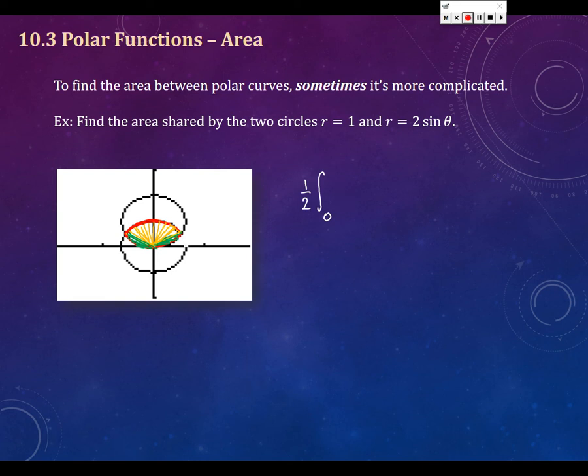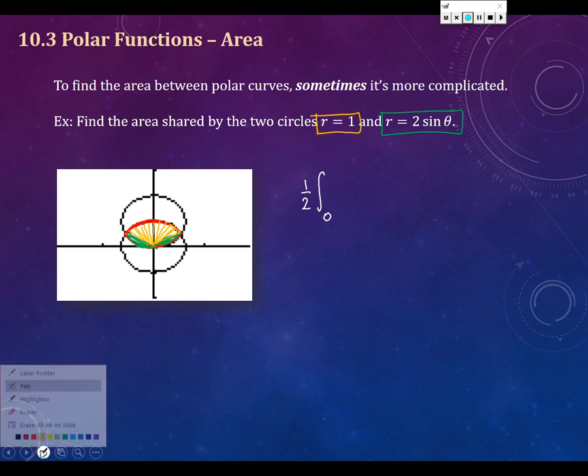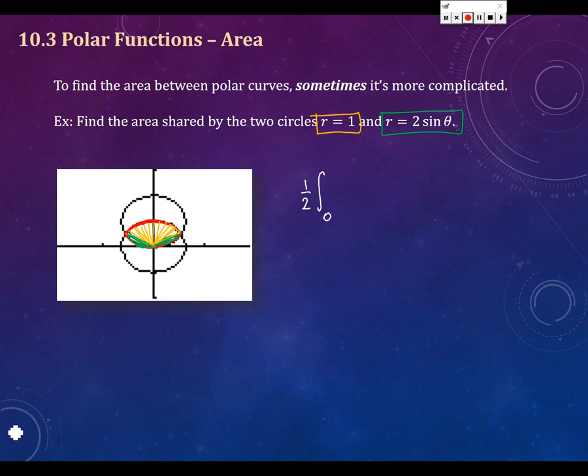Which function is this? The one that we're in green here working with. Yeah, that's the one. As we do the green one, we're pulling values from here, and as we do that orangish color, we're doing r equals 1, right? Okay, so let's keep that in mind as we write this out.